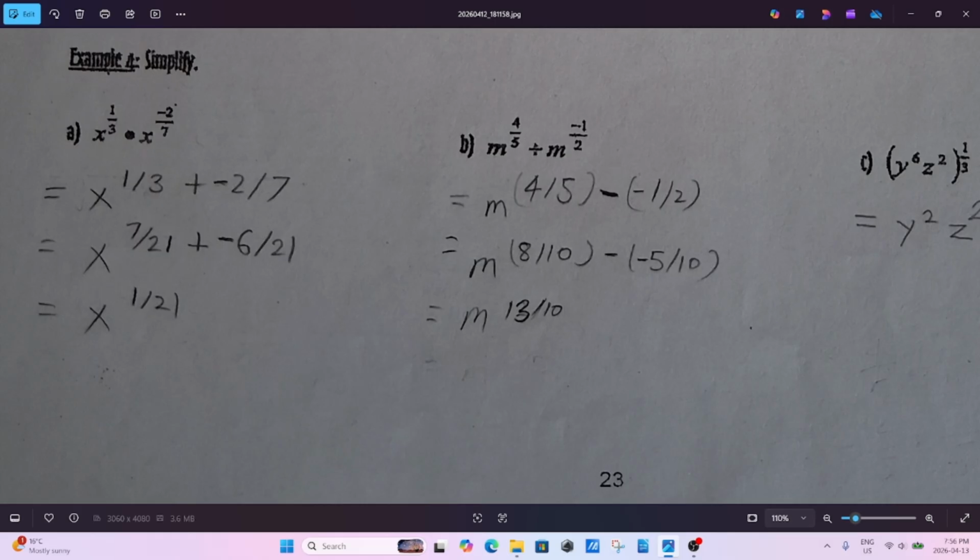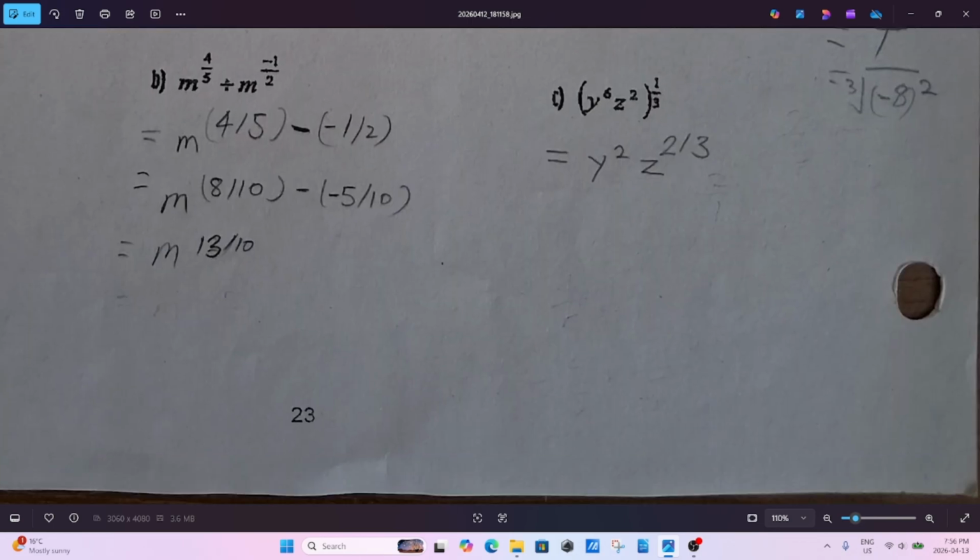So that is 13 over 10, m to the exponent 13 over 10. Question C, y is x z squared to the exponent 1/3. So we can distribute the 1/3 to the 6, 1/3 to the 2. So you just times them, and you get y squared z 2 over 3.